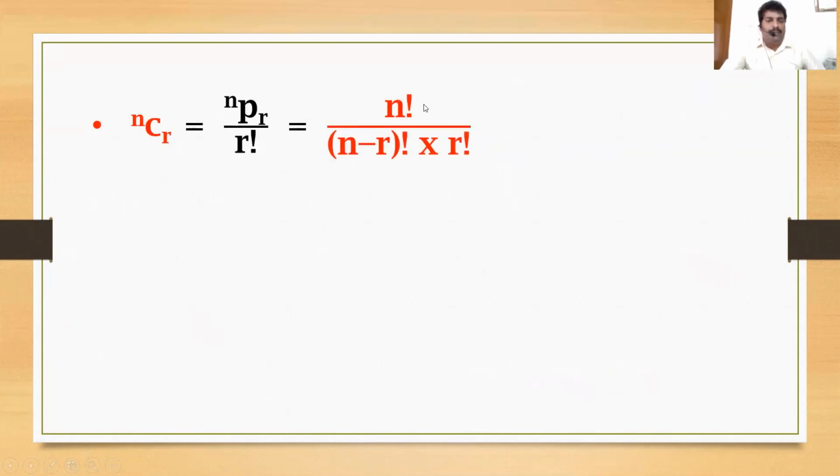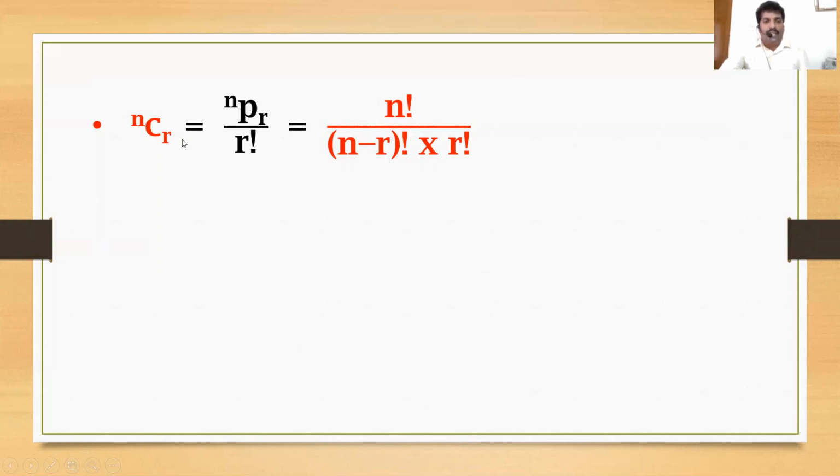In permutations, we have already learned the nPr formula, that is n factorial divided by (n minus r) factorial. Here there is an extra r factorial in the denominator. So the nCr formula is n factorial divided by (n minus r) factorial into r factorial.